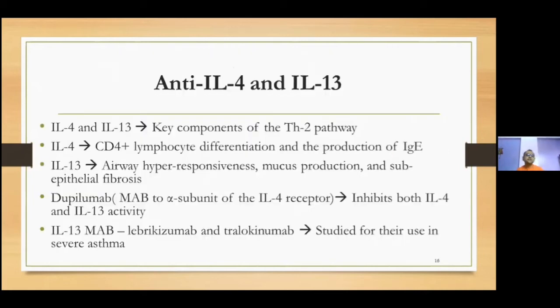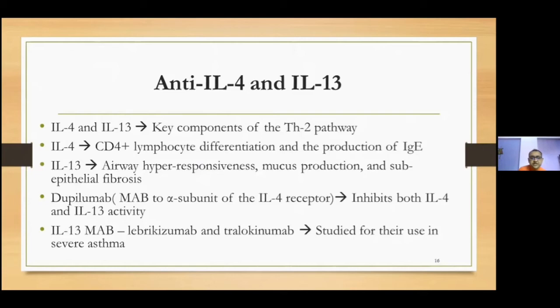Now coming to the anti-IL-4 and IL-13, because these IL-4 and IL-13 are key components of the Th2 pathway, and that is a key factor for pathogenesis of asthma. Interleukin-4 is important in CD4 T lymphocyte differentiation and production of IgE.